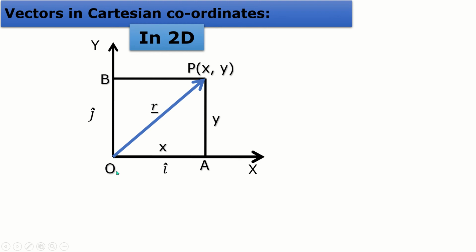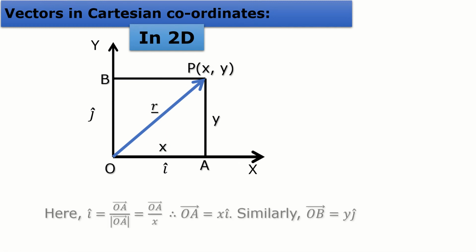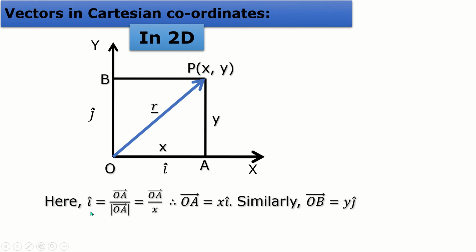So OB also equals y, and BP also equals x. Okay. So when we say only OA, it means the projection of r vector, but the component is OA into I vector. OA equals x, so xi vector is a component of r vector, and the projection of r vector equals only x. Clear? And we know the definition of unit vector.